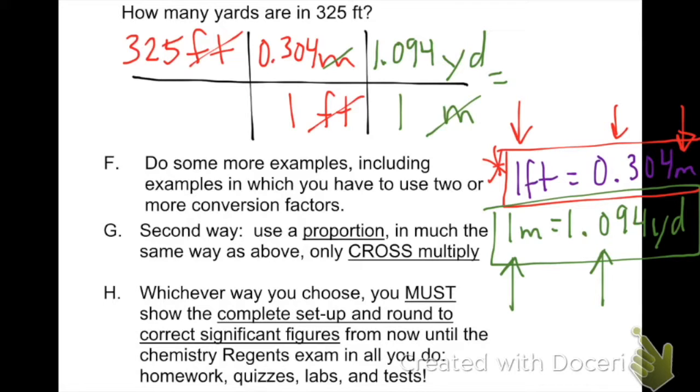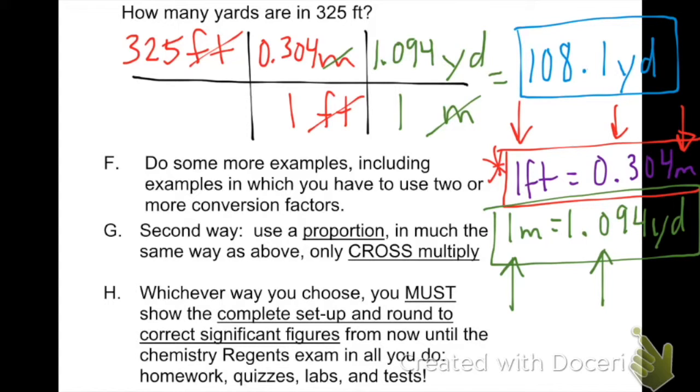Multiplying straight across, we should get a value of 108.1 yards.